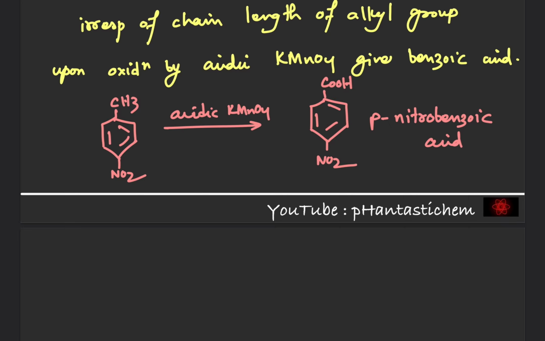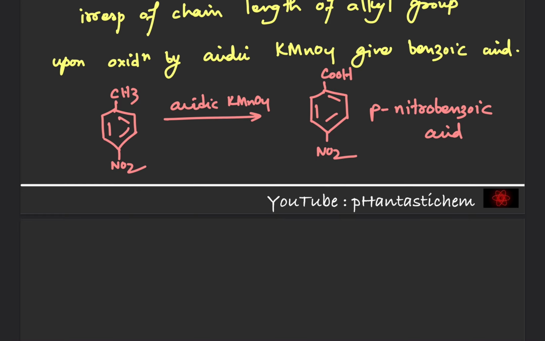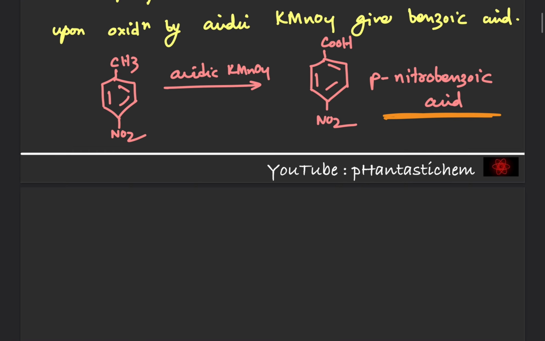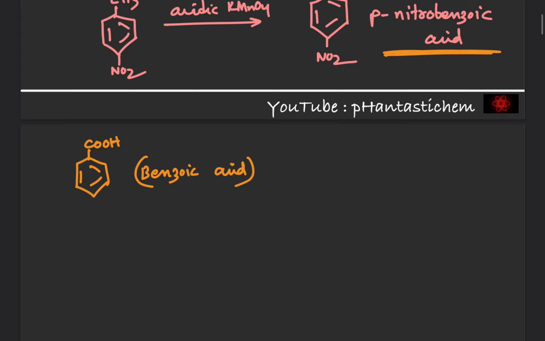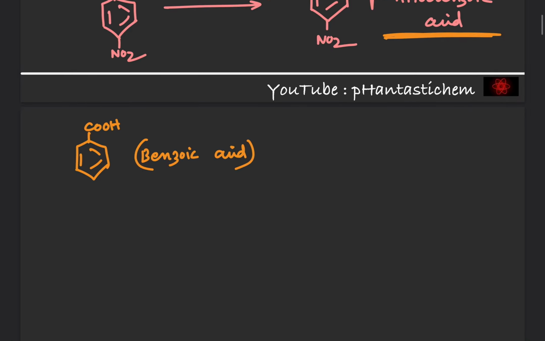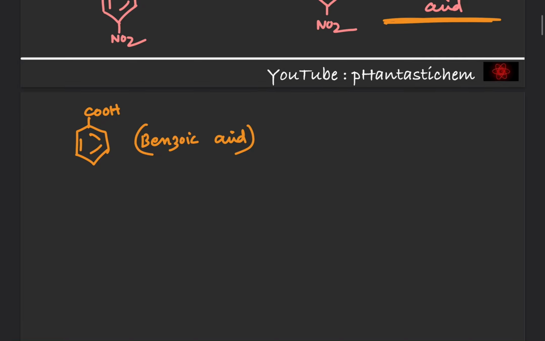Okay, so now let's compare the acidity of para-nitrobenzoic acid, that is this one, and benzoic acid. So this is our benzoic acid. Okay, so one thing we should know is electron withdrawing groups decrease the electron density in the OH bond. Very important.